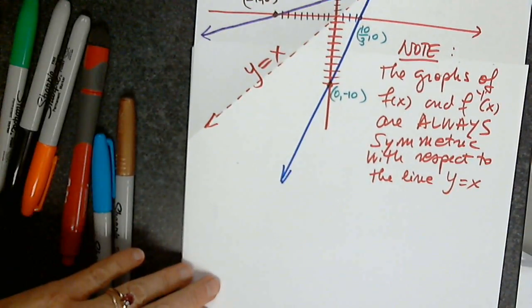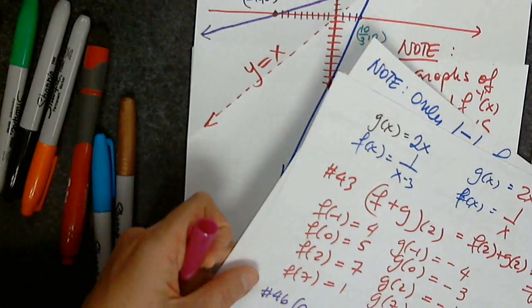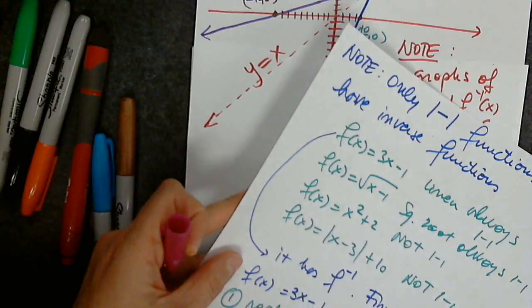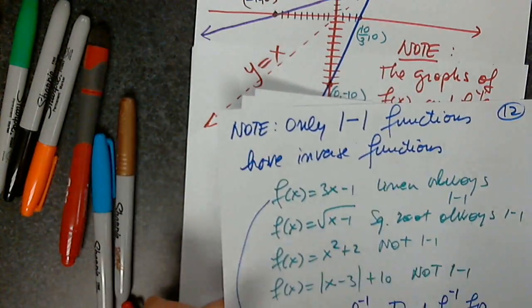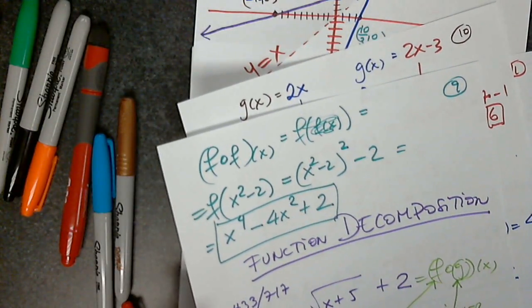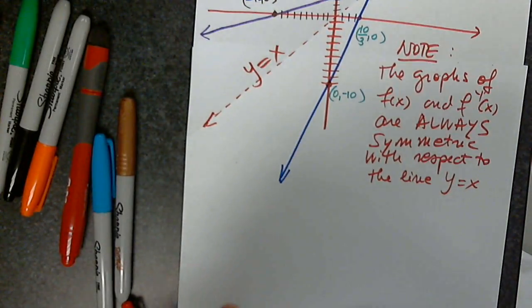Now, the last three sections deal with those three functions. So what we covered so far, so we know, oh, I'm going backwards, of course. How long ago was this? Okay.